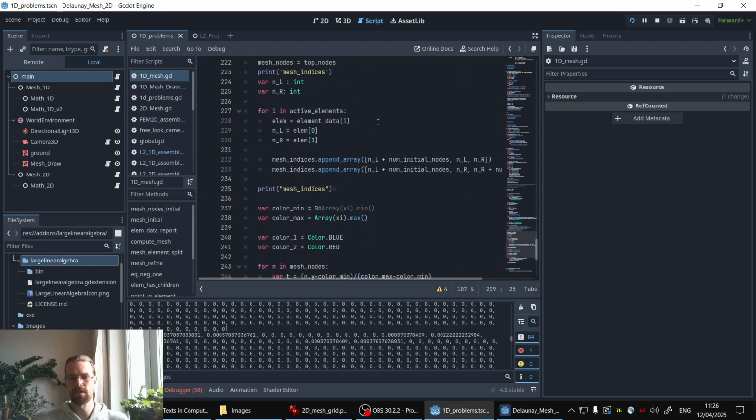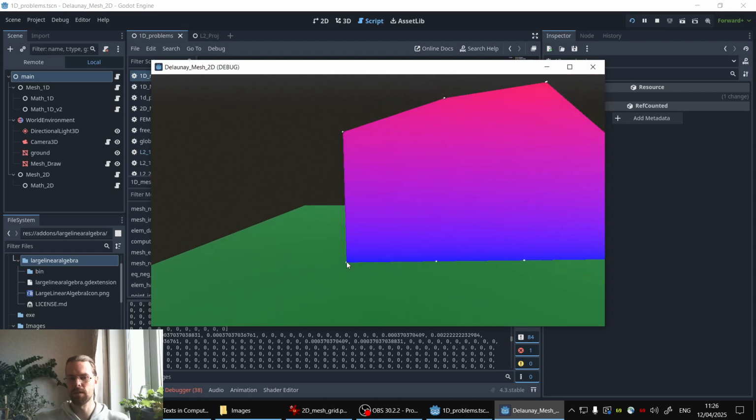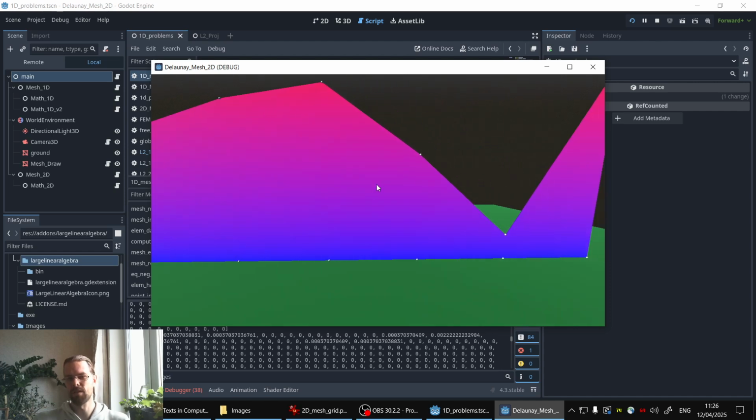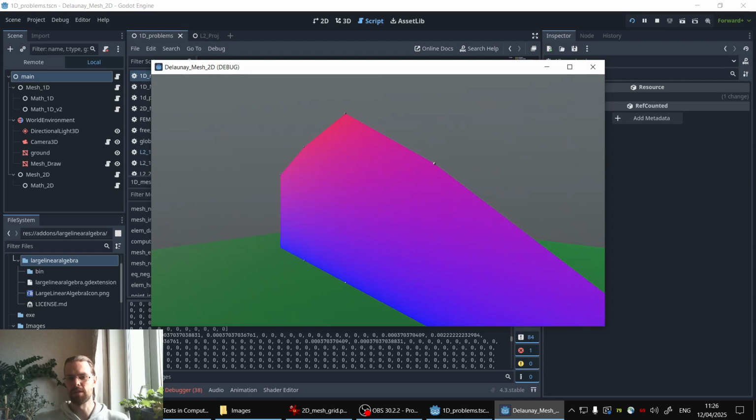Roughly speaking, I have these upper nodes, I generate the bottom nodes, and then I generate triangles. This node is one triangle, this node another triangle, right? Here we have, for example, 5 elements, we will have 10 meshes.